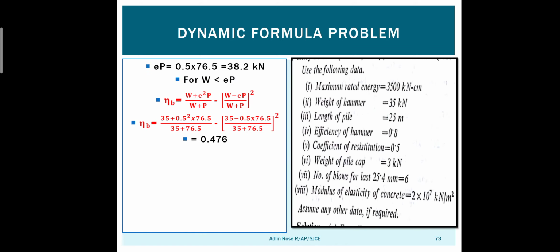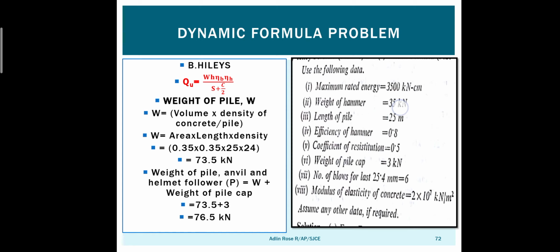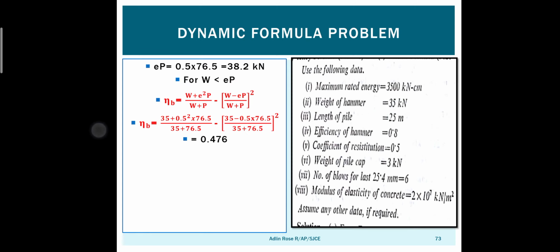So EP is equal to 0.5 into 76.5, that is equal to 38.2 kilonewton. Now W is how much? 73.5, and EP is how much? 38.2. So EP is less than the value of W. So we use the second formula.